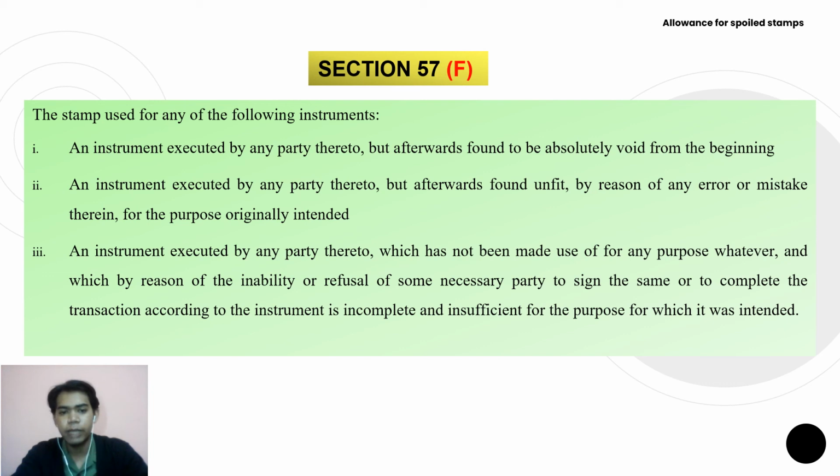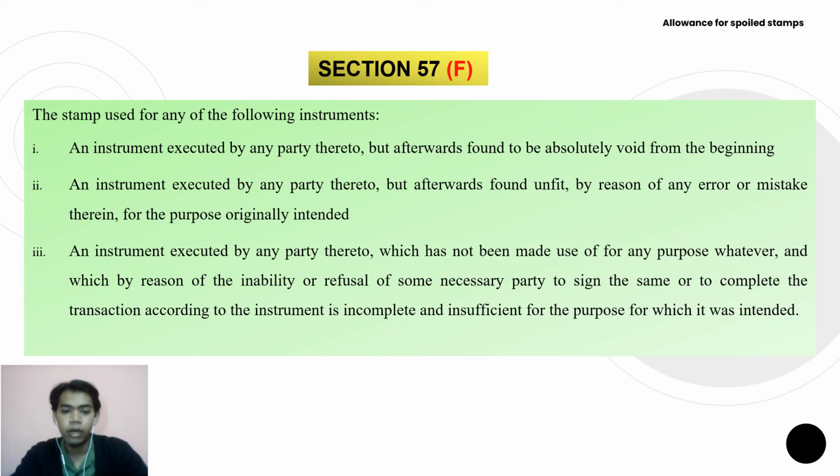57F, the stamp used for any of the following instruments. First, an instrument executed by any party thereto, but afterward found to be absolutely void from the beginning. Two, an instrument executed by any party thereto, but afterward found unfit, by reason of any error or mistake therein, for the purpose originally intended.